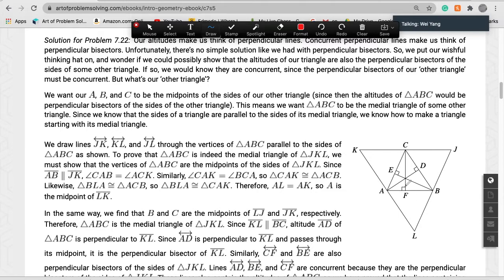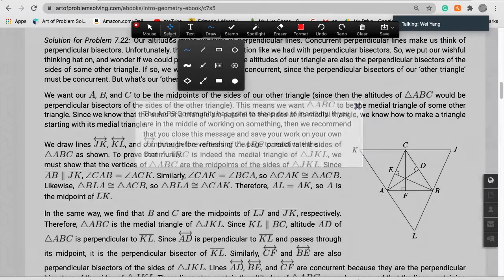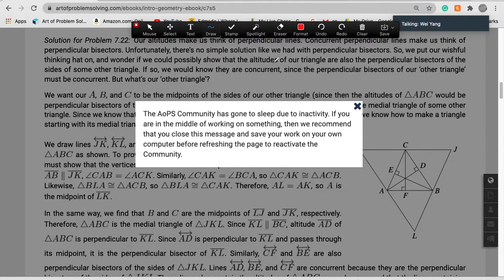Okay, so they ask you how the lines AD, this altitude, BE, this altitude, and CF, this altitude, how these three altitudes are related to the triangle JKL. Okay, think, what is this one related to these bigger triangles?